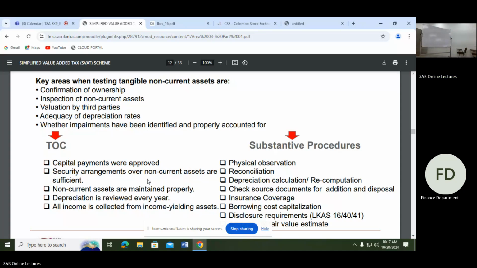impact. Ini kahalatian. Borrowing cost capitalization. It is 23.